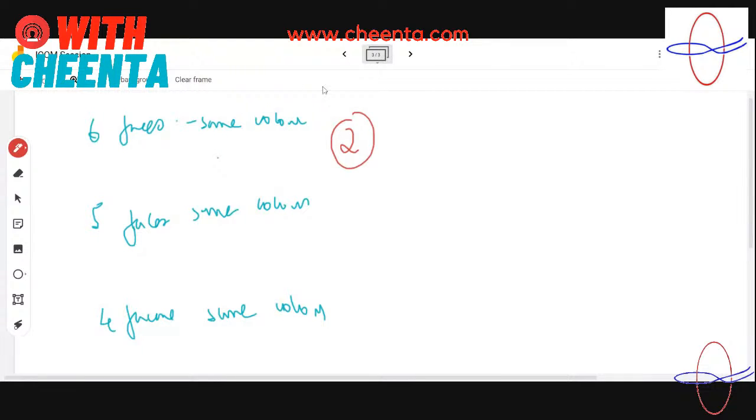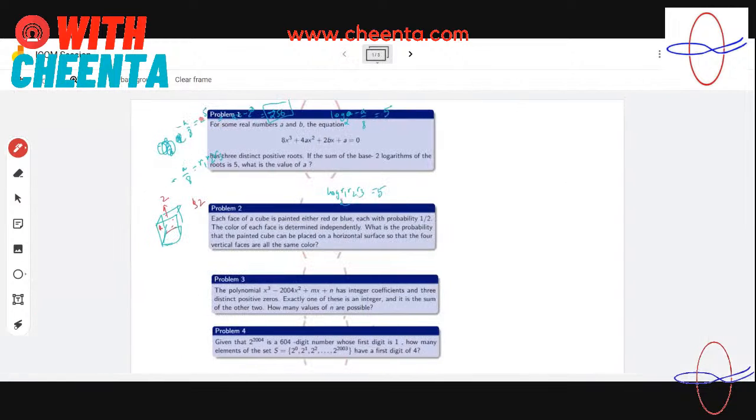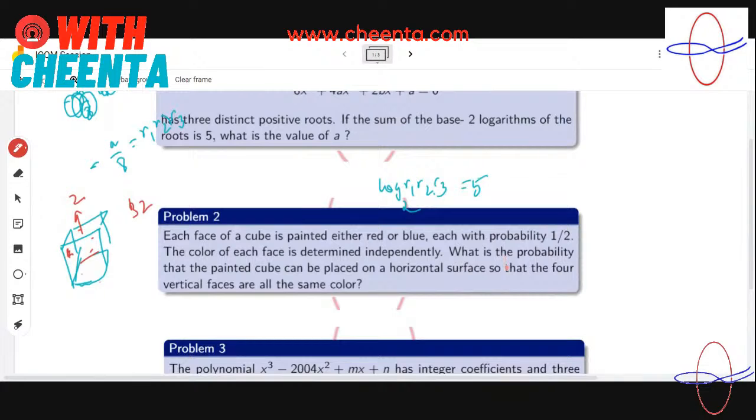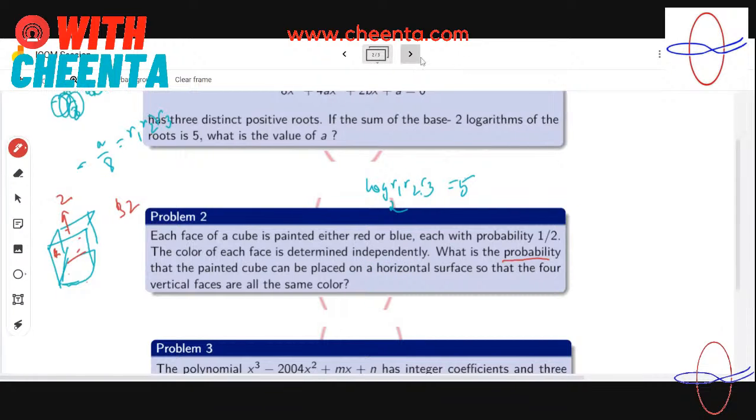Try to understand the question very clearly. It says that given a possible arrangement, the painted cube can be placed, so you can select which face to keep downward. Try to understand this very carefully. You can select that.